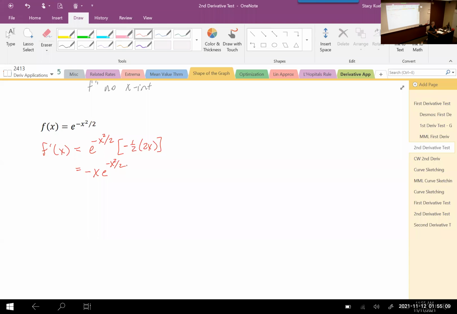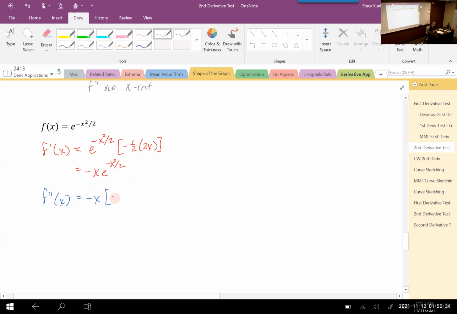It's the derivative of the outside, which is e, times the derivative of the inside, which is the exponent. So the double prime is the product rule. So we would have negative x times the derivative of e to the negative x squared over 2.